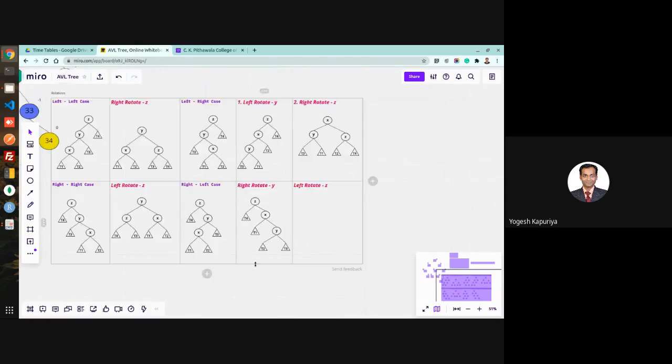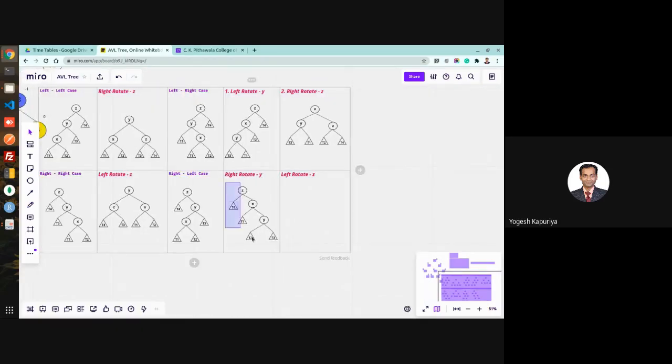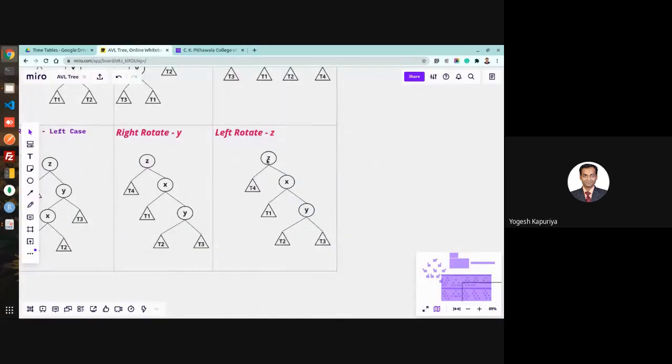Now again, if you see, this is similar to this case. So you are required to rotate Z in the left. So now my Z will be rotated in the left.